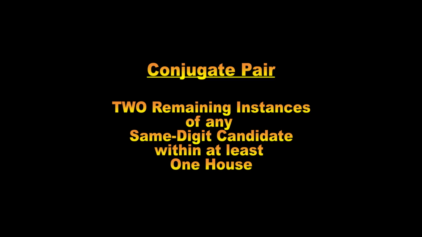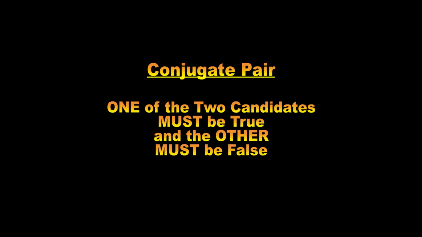If you remember from Lesson 5 on terminology, when you have exactly two remaining instances of any same-digit candidate within at least one house, we call this a conjugate pair. In a conjugate pair, we know that one of the two candidates must be true and the other must be false. Knowing this allows us to make other types of deductions throughout the puzzle.